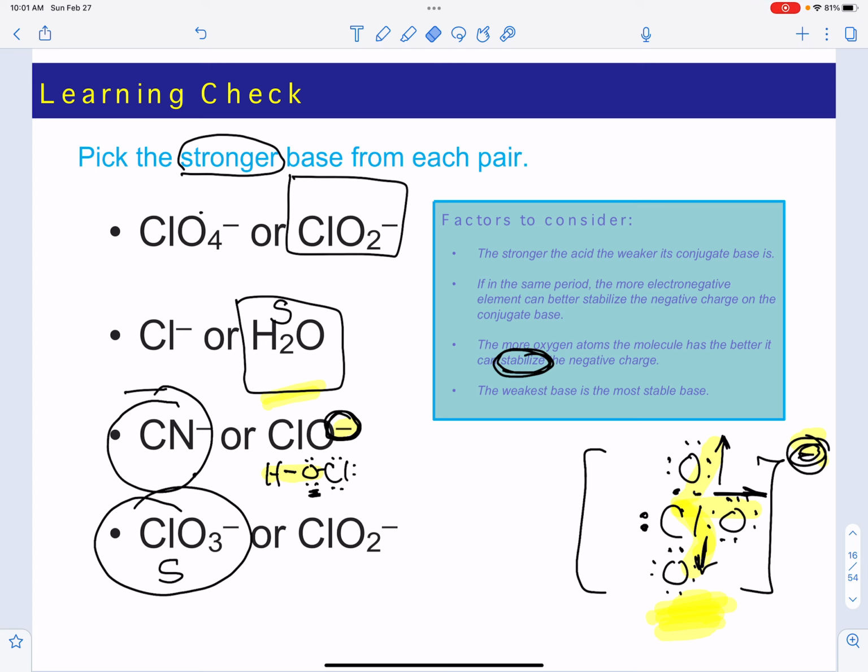If everything else is the same, then you can look at the number of oxygens. The one with more oxygens can stabilize the charge better, therefore it is the weaker base, because it's already stable, why mess with that? And always the weakest base is the most stable base, which we saw with this and this.